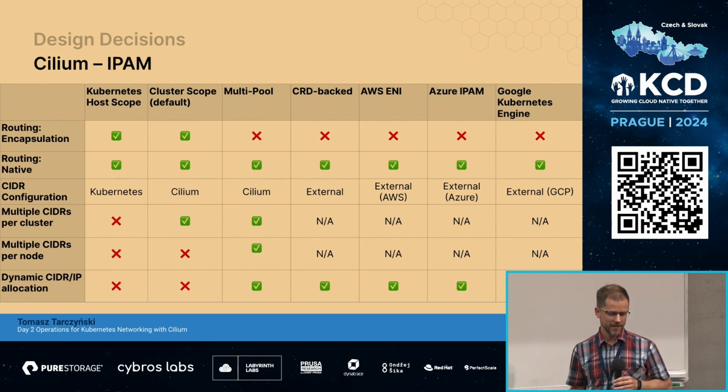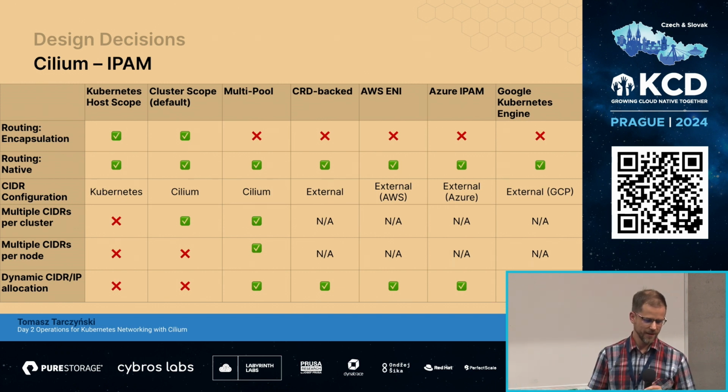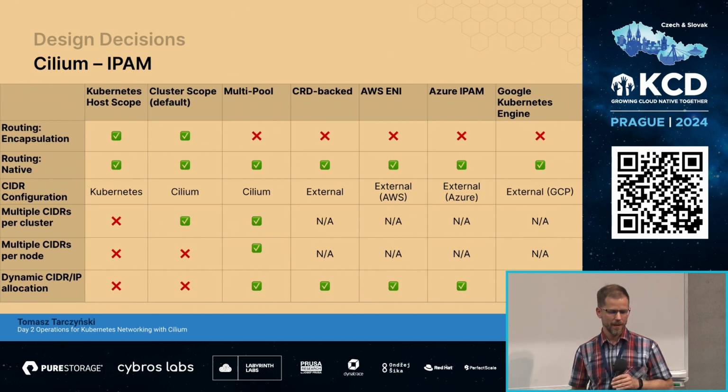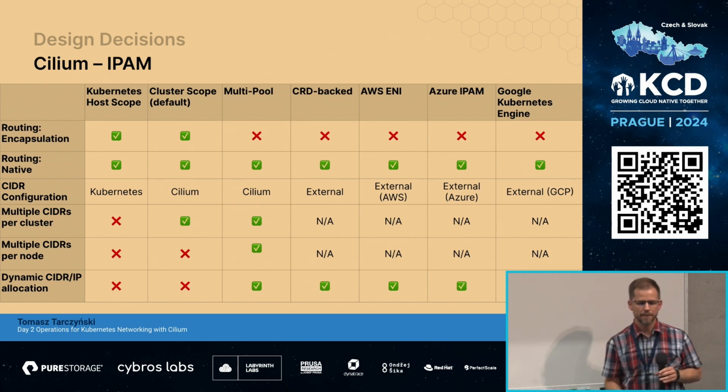In most cases, the approach I would propose would be to go with the default mode, so cluster scope, which enables you to run either encapsulated routing or native routing.